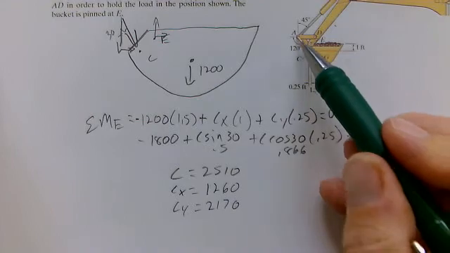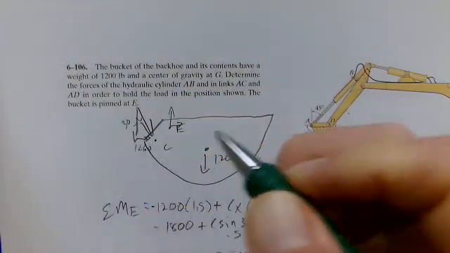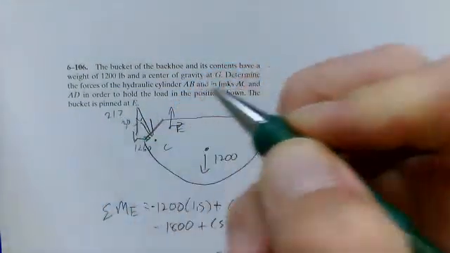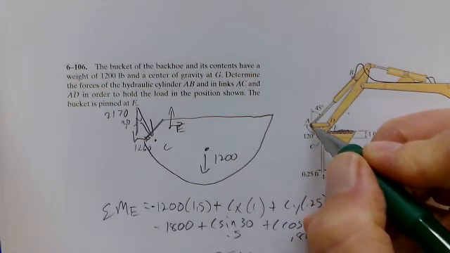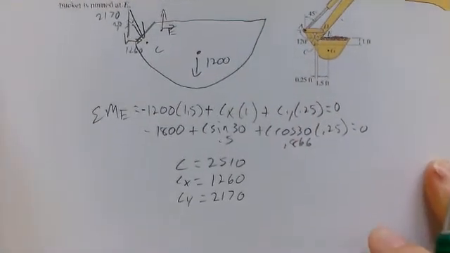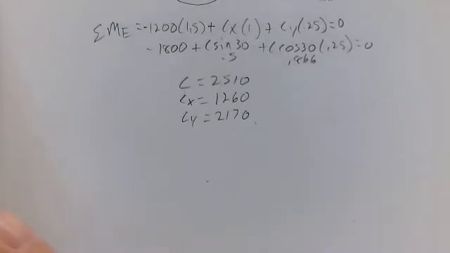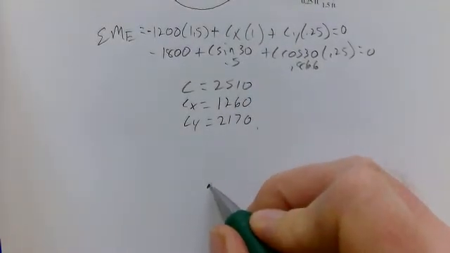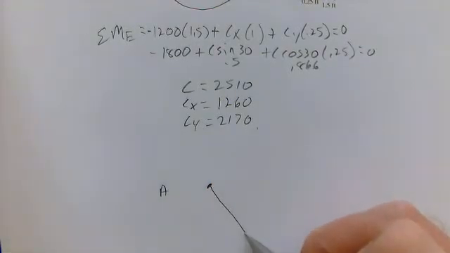So now we can solve for AC, because right here we've got 1260 and 2170. So let's draw a free body diagram of this joint, point A. So point A has AC coming off this way, and we already solved that.